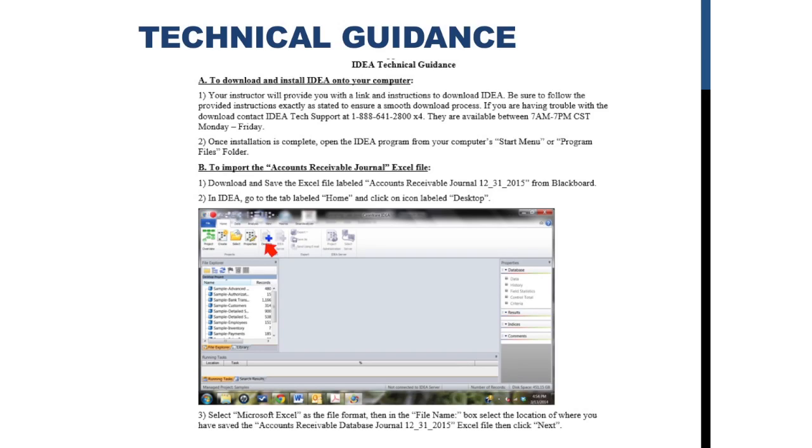We told them the tech support number, and we guided them, of course, through our classes, but this was something that they could take home with them. So they got the case questions, the checklist, and this technical guidance, as well as some hands-on support in class to complete this case.